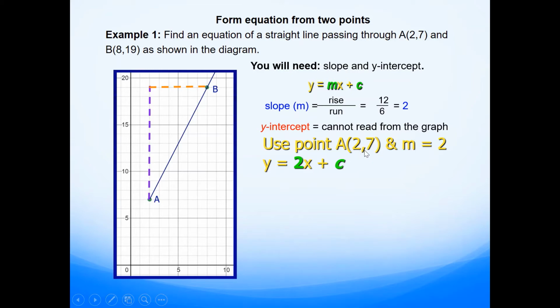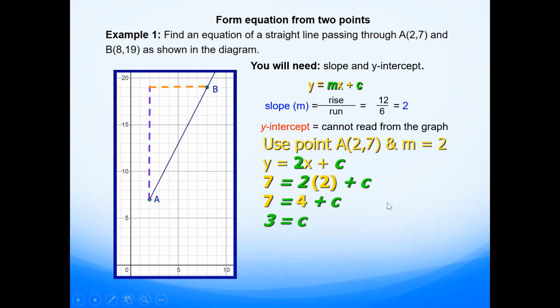So this is the x value, and if I substitute that, I'll get the corresponding y value of 7. So the y value is 7 equals 2 times the x value of 2 plus c. To quickly simplify that, 7 is equal to 2 times 2 is 4 plus c. So 4 plus what is 7? So in this case the value for c is 3.